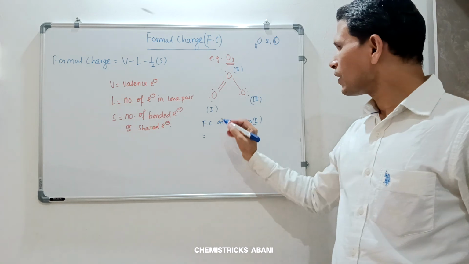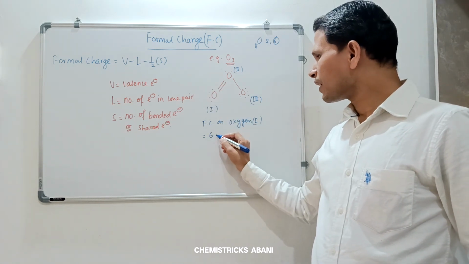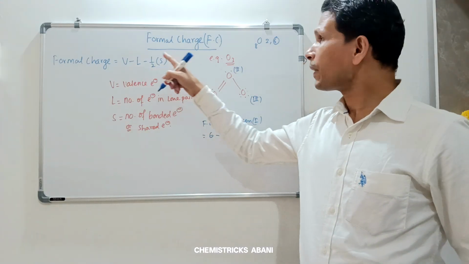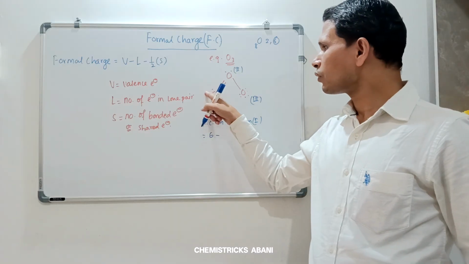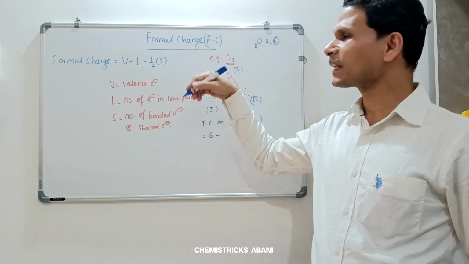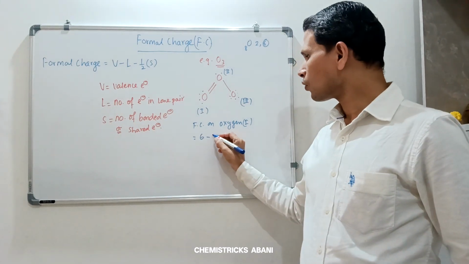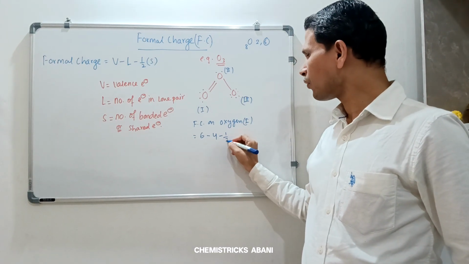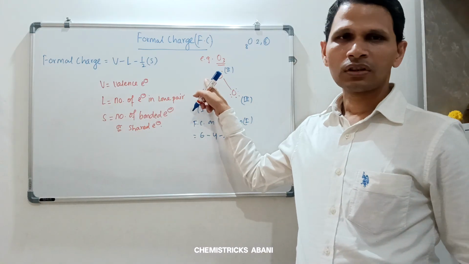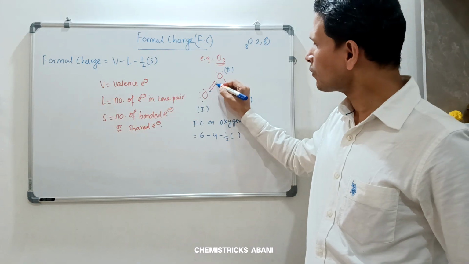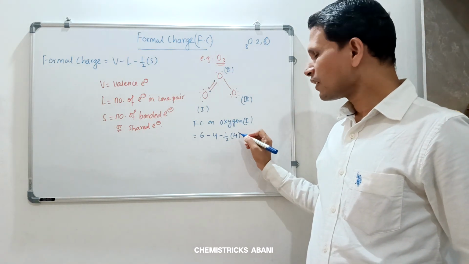So first we will put V as 6 for oxygen 1. Similarly, for lone pair electrons, 1, 2, 3, 4, total 4 electrons are present in the lone pair. That's why here L is 4 minus half of S. S means bonded electrons. There are 2 bonds, so how many electrons? 1, 2, 3, 4, total 4 electrons.